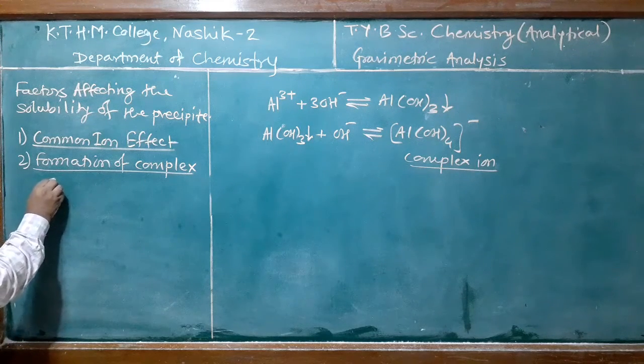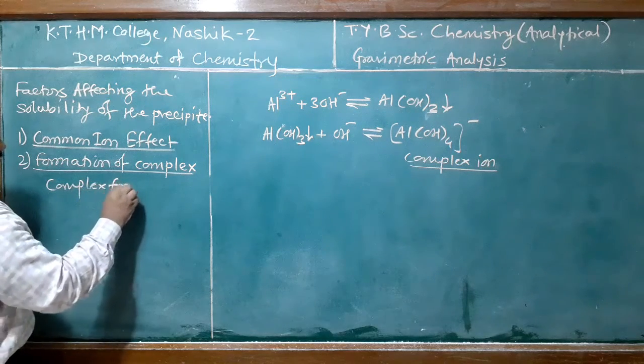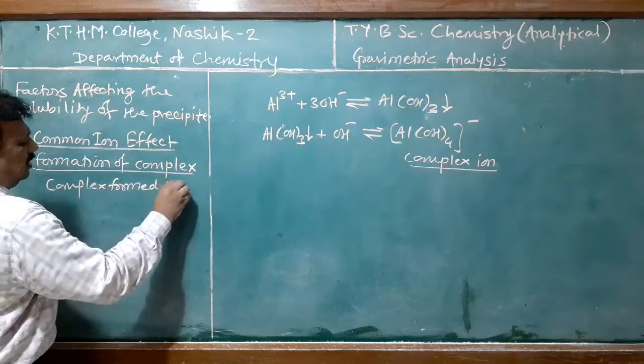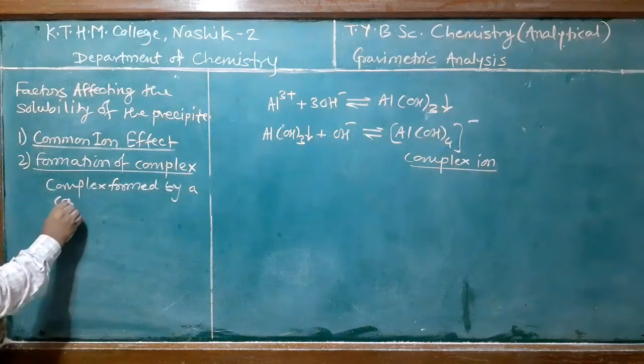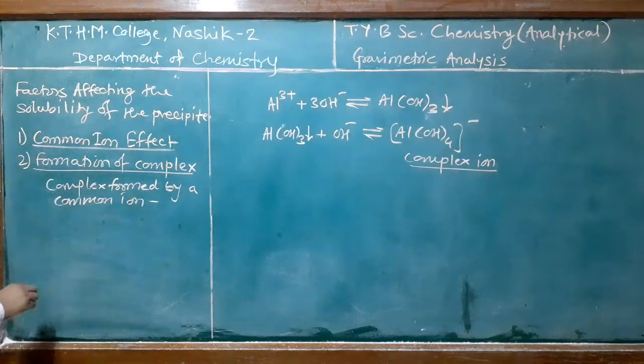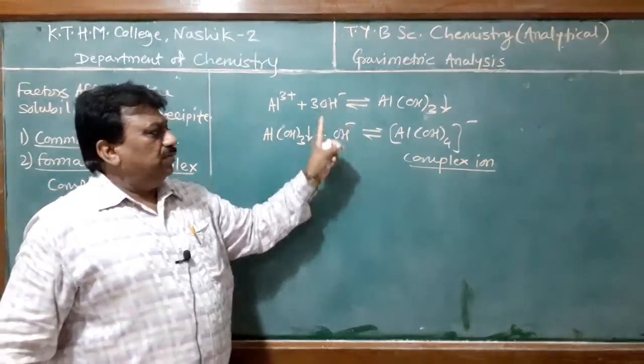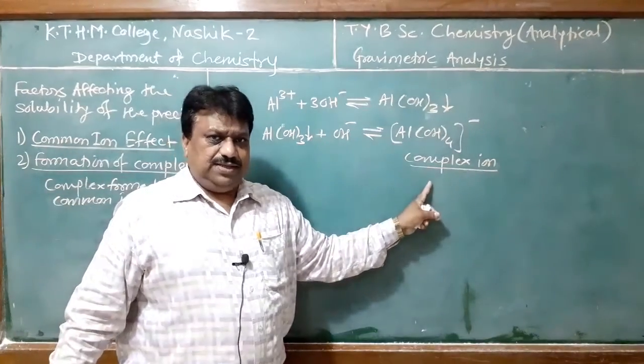Here the complex ion is formed by a common ion, and that increases the solubility. This is an ion which is common to the precipitate, but it increases the solubility.